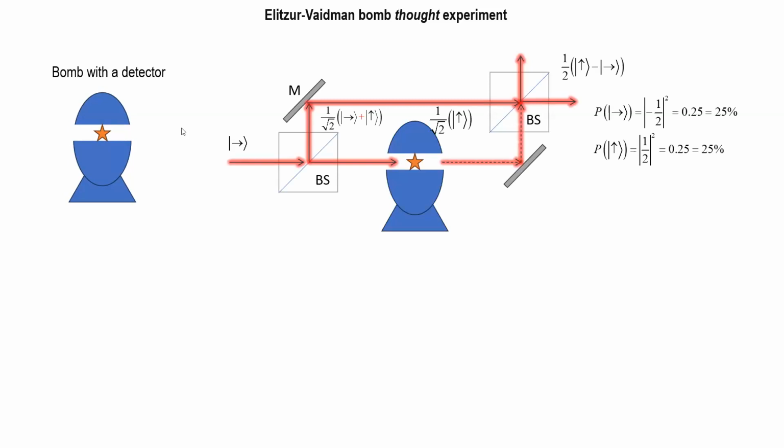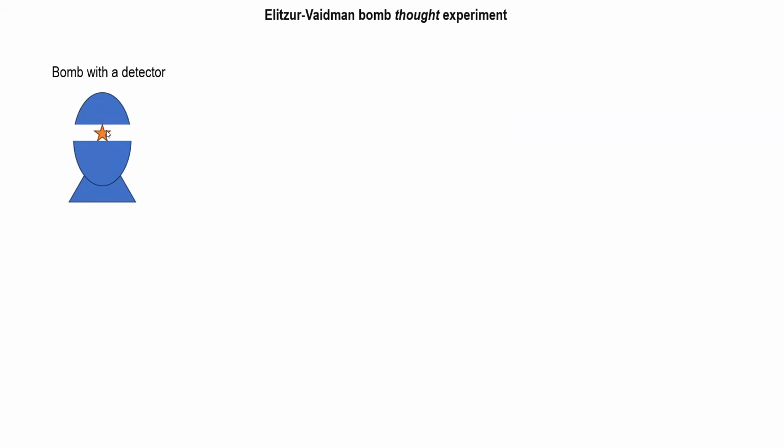If the bomb is functional, then this detector perfectly absorbs the photon with 100% efficiency. However, if the bomb is defective and the detector is defective, it allows the photon to go through the bomb, through this channel, without interaction with the detector.